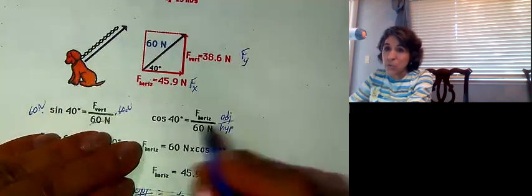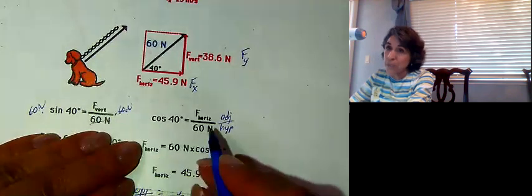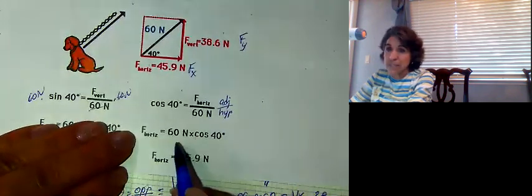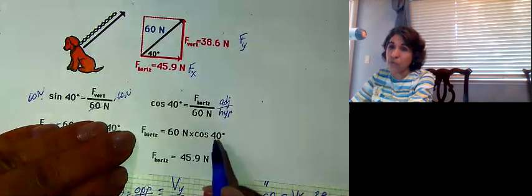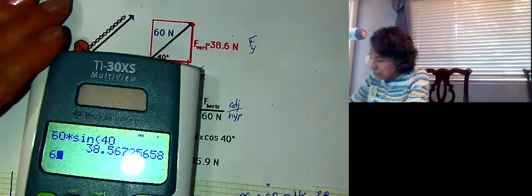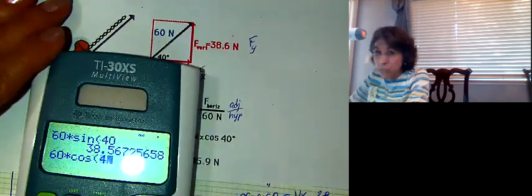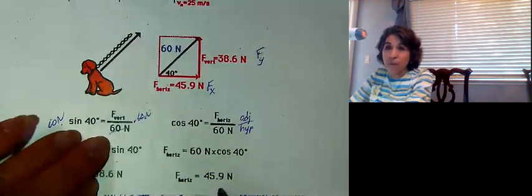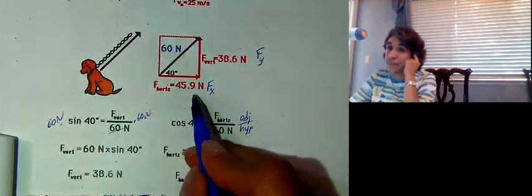Multiply 60 newtons to both sides, and we get F horizontal by itself: 60 times the cosine of 40. There it is, 45.96, which is about 45.9, what they say right there.